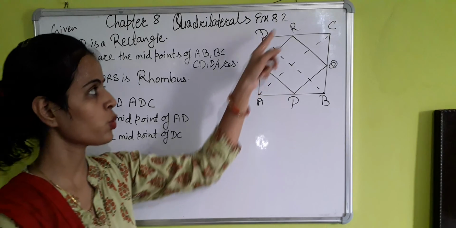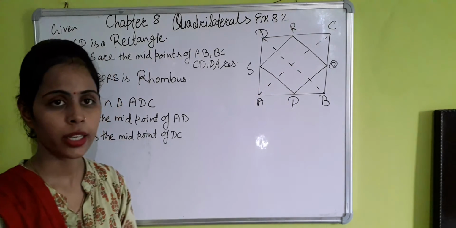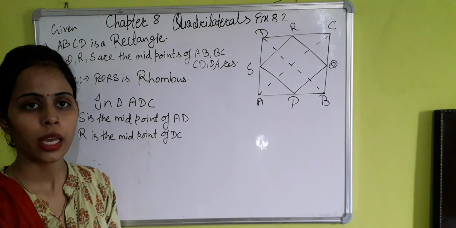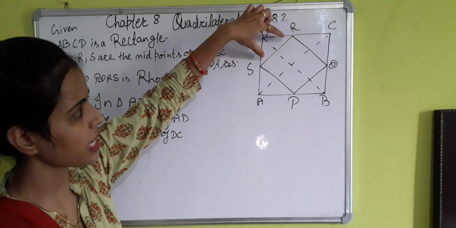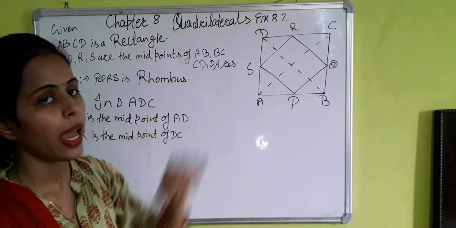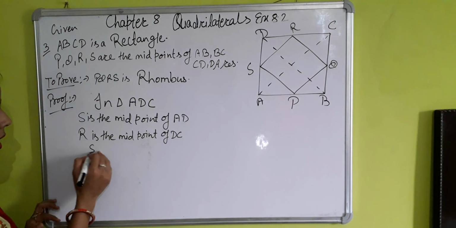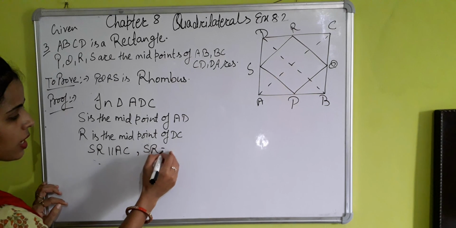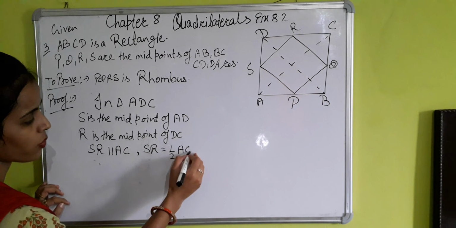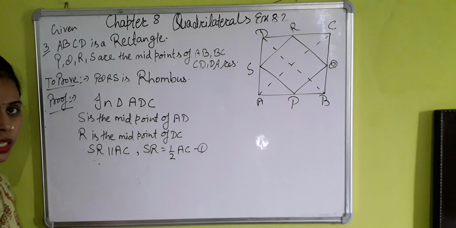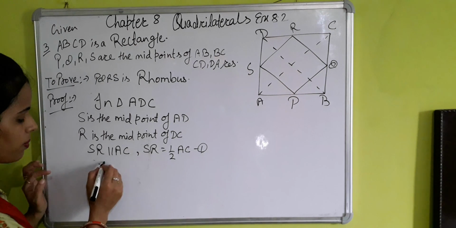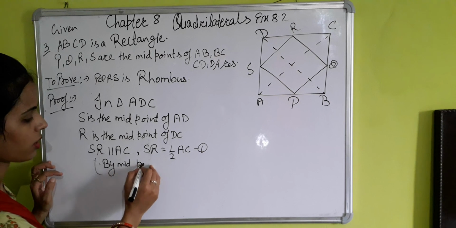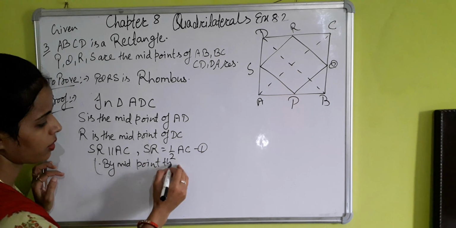When we join S to R, then SR is parallel to AC and SR is half of AC by the midpoint theorem.